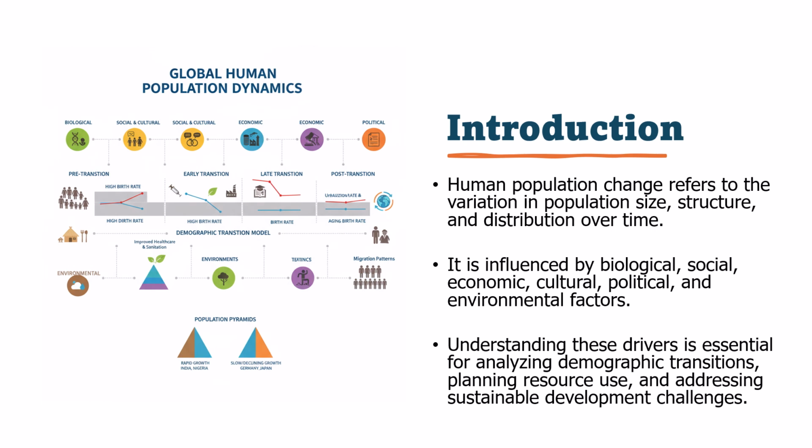Studying these drivers is essential for understanding how populations grow, decline, or migrate, and how such trends affect societies and ecosystems. It also provides insights into demographic transitions from high birth and death rates to lower ones and guides policymakers in planning resource allocation, urban development, healthcare, and strategies for achieving sustainable development goals.